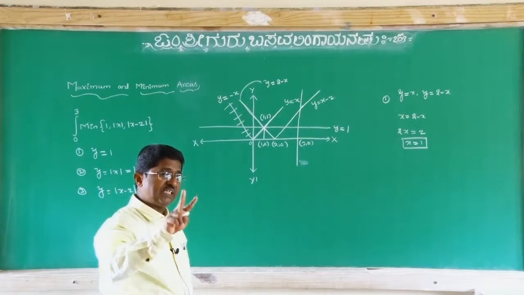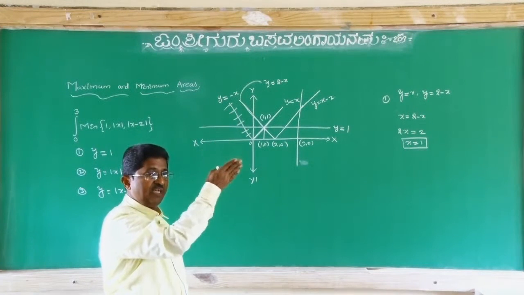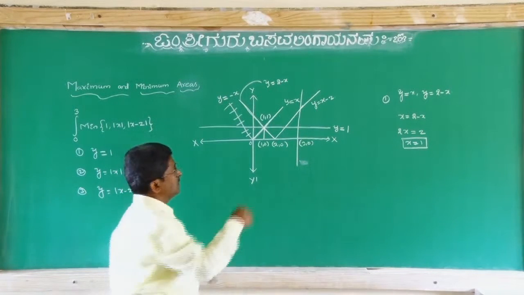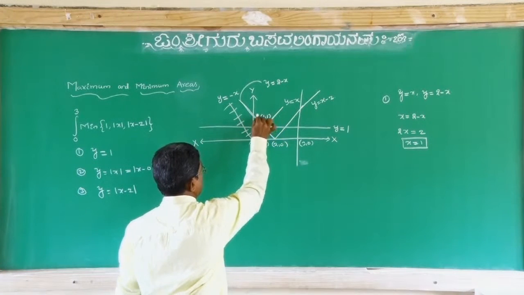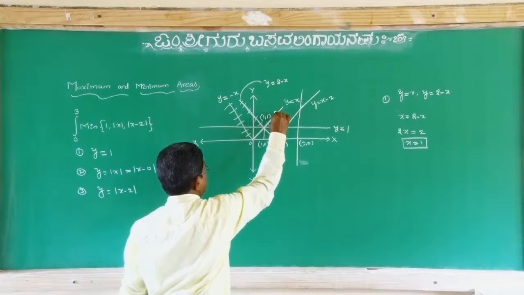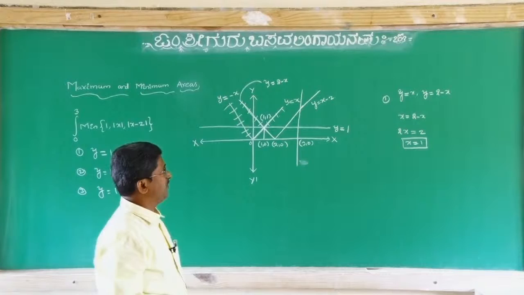Whenever two curves intersect, above the point of intersection means maximum value, and below the point of intersection is called minimum value. So for the minimum, the maximum portion is cut and thrown outside. These portions are cut and thrown outside. Right? All of you know?